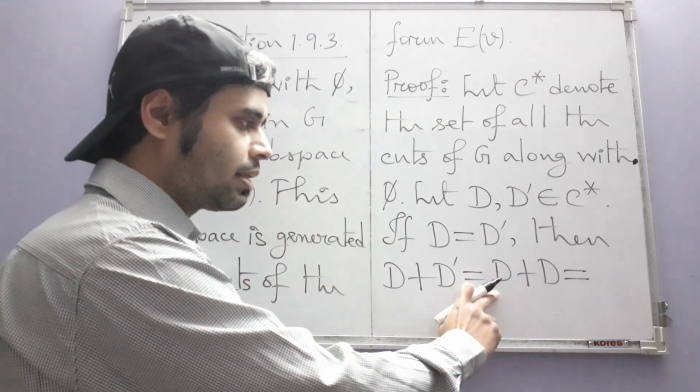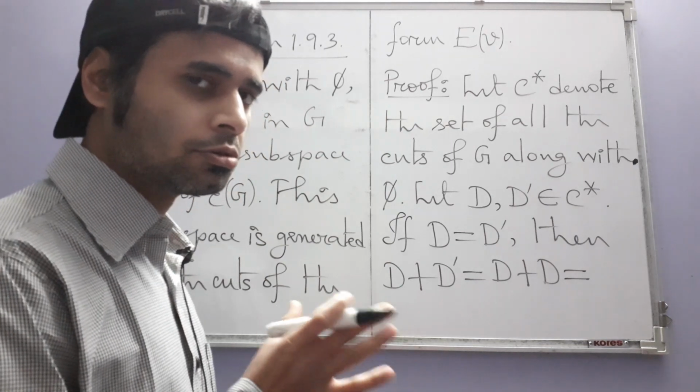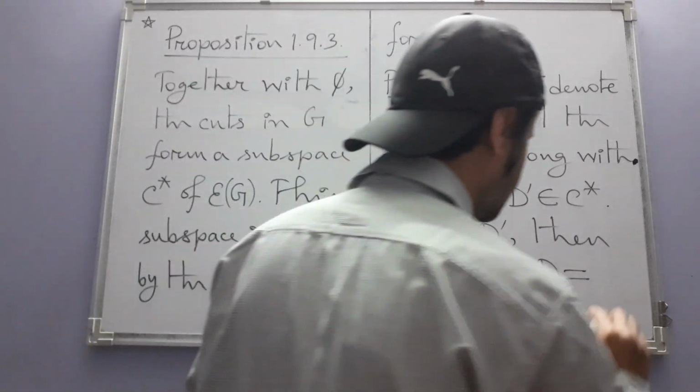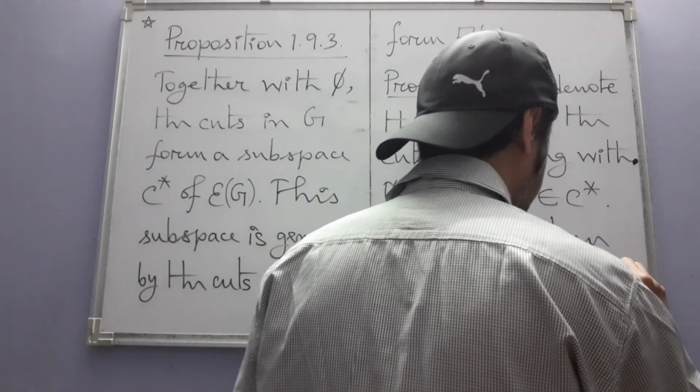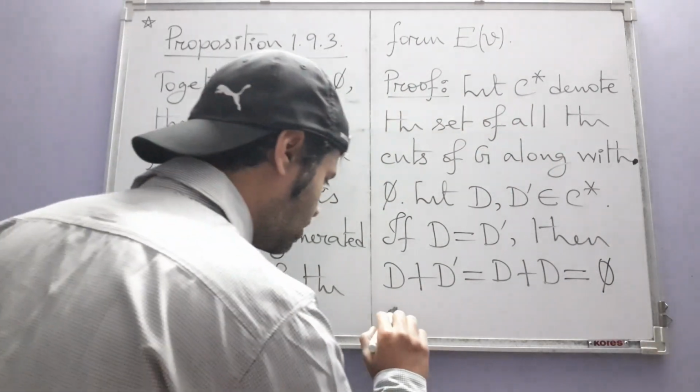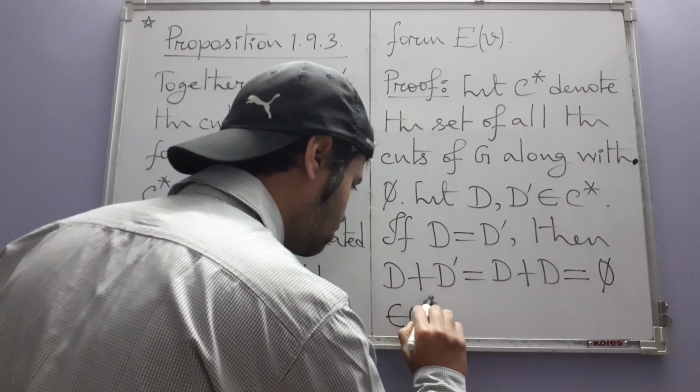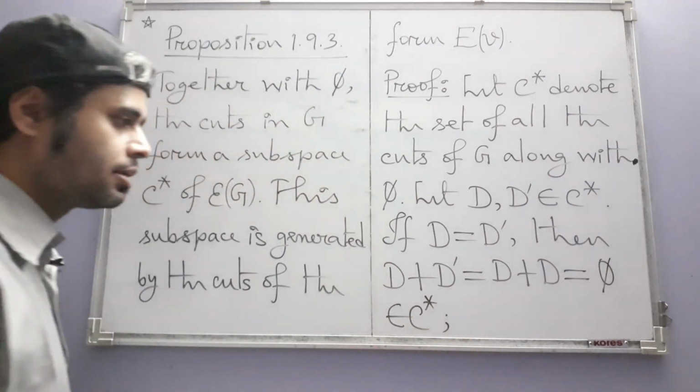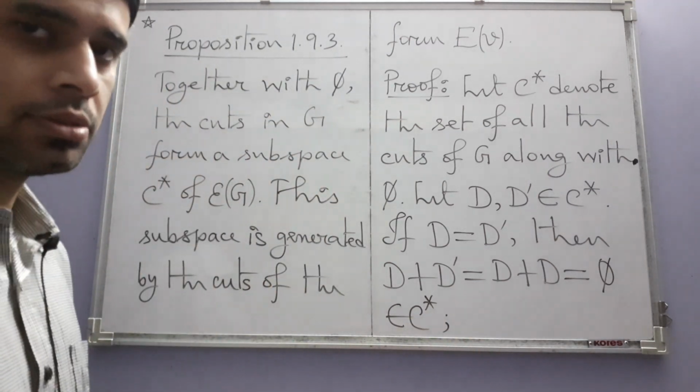Every element is its additive inverse in the group, in the vector space under summation. So this is the zero vector, and our zero vector is the empty set, and that belongs to C star. So in this case, at least, yes, the sum belongs to C star.